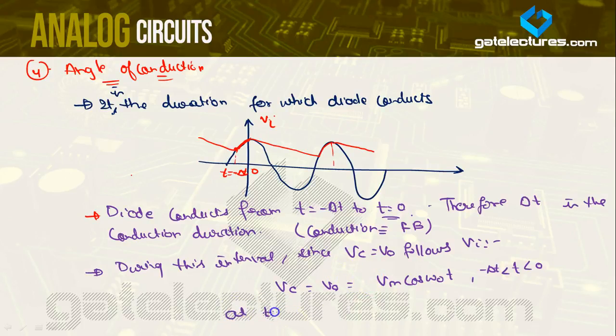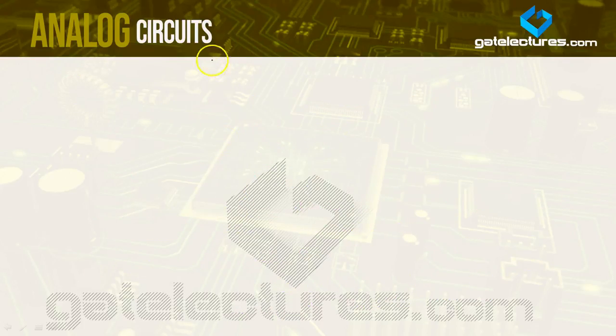So at t is equal to minus delta t, what will be your Vo is equal to Vc is equal to Vm minus Vr, because we know this is Vm and this voltage, as I already told you before, is equal to Vm minus Vr. So we can approximate this too.